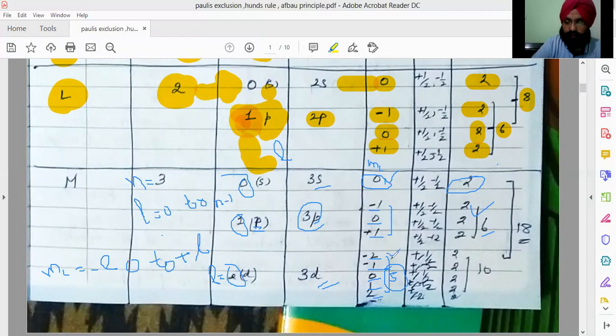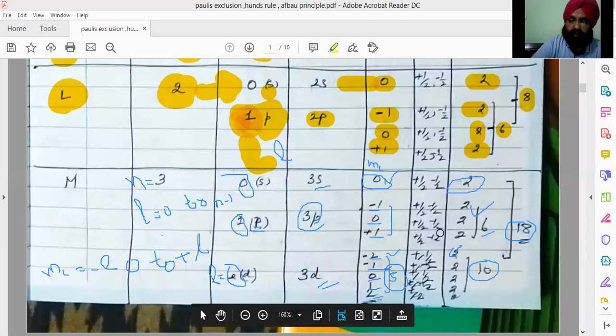Each value represents an orientation, which represents an orbital. And one orbital has 2 electrons, so 5 orbitals have total 10 electrons. So 2 plus 6 plus 10, 18 electrons are there in M shell.